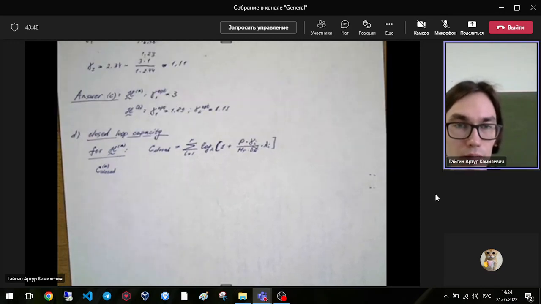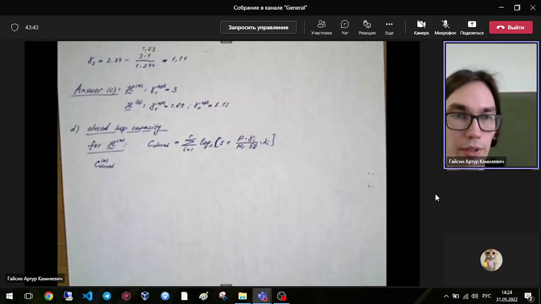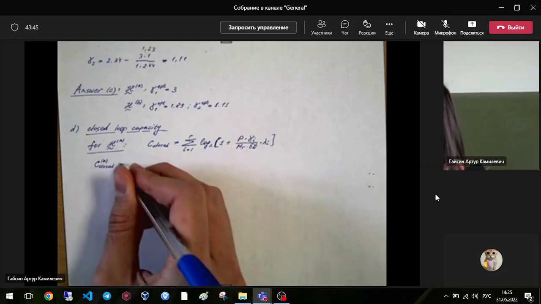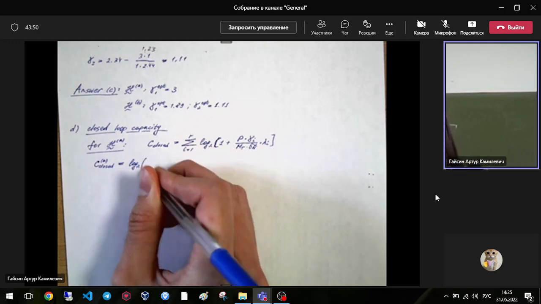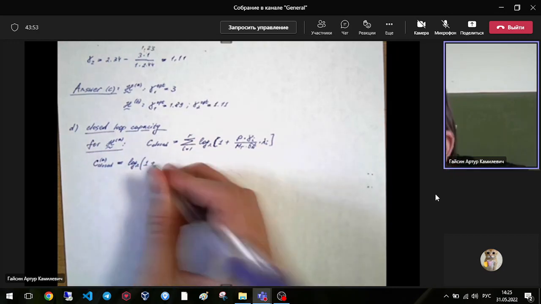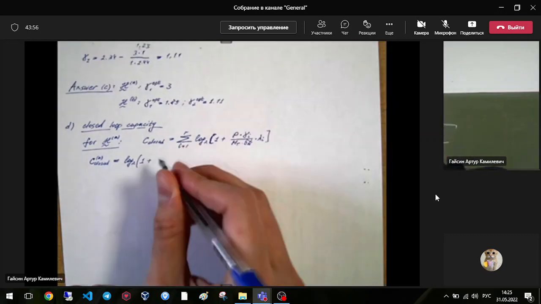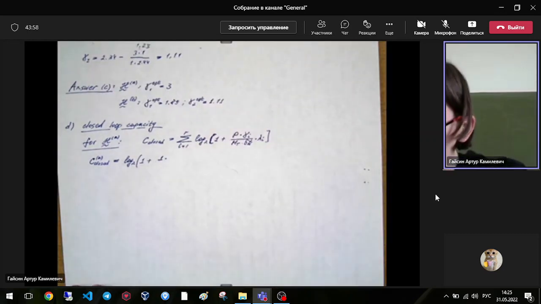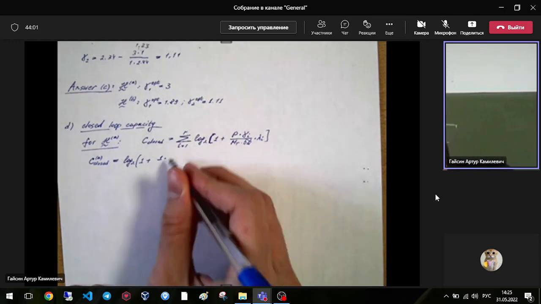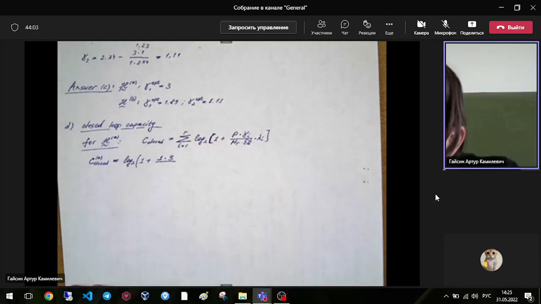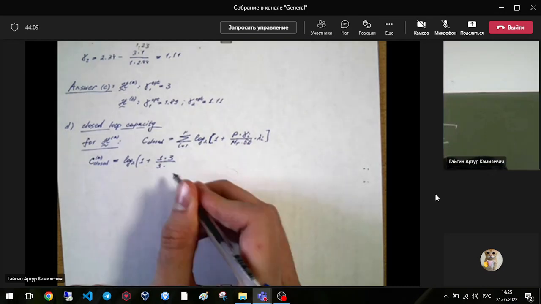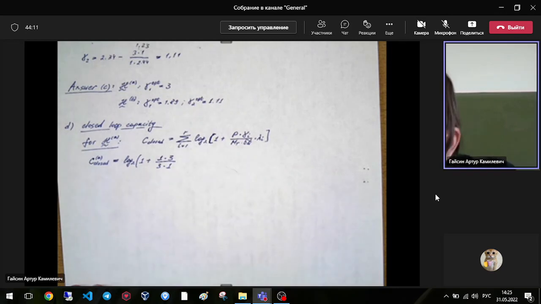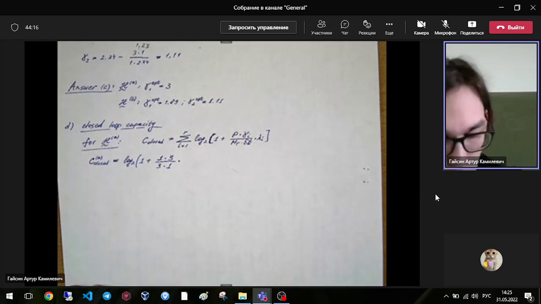And in this case, if we calculate closed loop capacity for channel A, it is equal to logarithm base 2 of 1 plus this power 1 multiplied by omega 1 opt, which is 3, then divided by the number of transmit antennas 3 times 1, and then multiplied by 9. Yes, by 9.